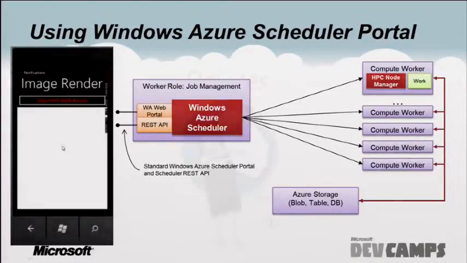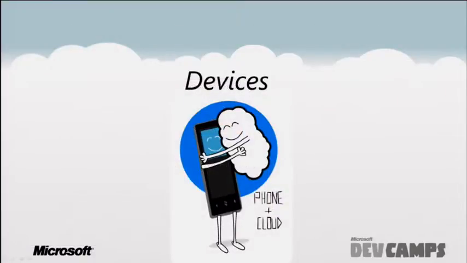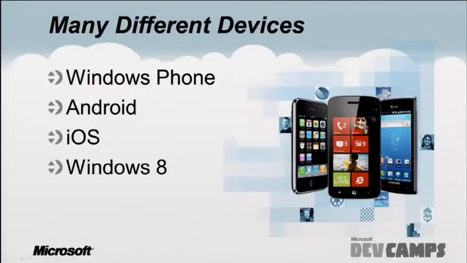So let's talk about devices. There are a lot of devices out there on the market: Windows Phone, Android, iOS, Win 8 developer preview. When we start building applications for these, we need to think, if we're going to engage users, are we just going to build a local, isolated application that just functions on a device?